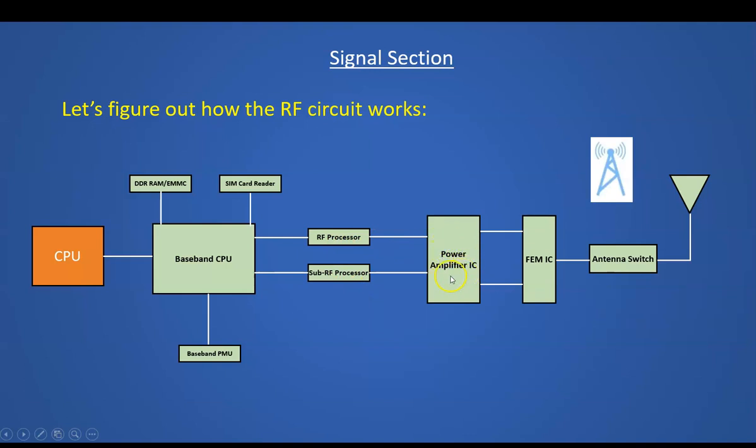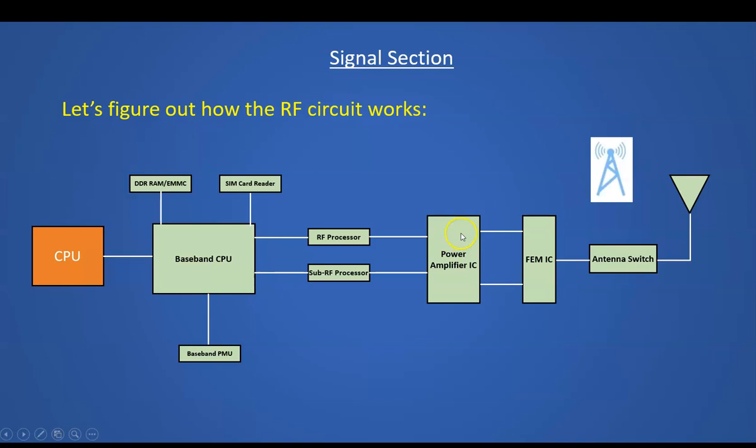In the power amplifier, they modulate and demodulate. We call it modulate and demodulate. Demodulate means when we receive a signal, the signal comes with some extra frequency, right? So it separates the unwanted frequency, then it sends the pure voice signal to the CPU side. But when we make a call, the voice signal needs to be added with the baseband frequency.